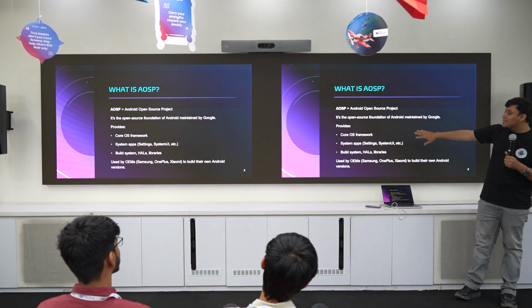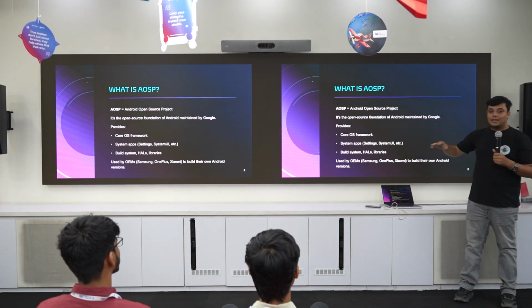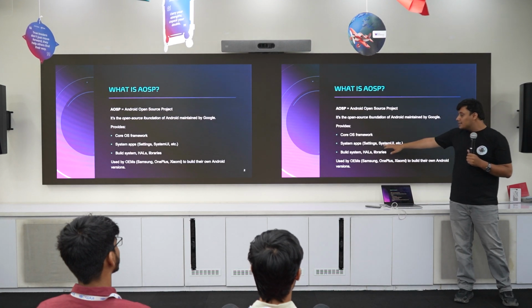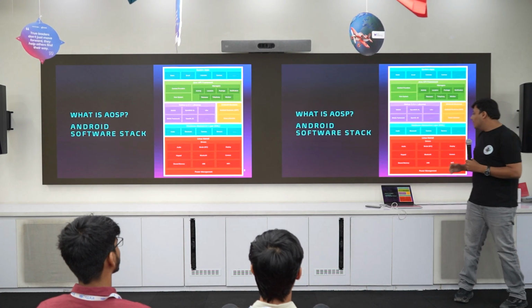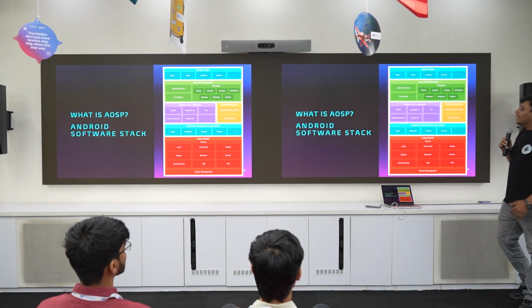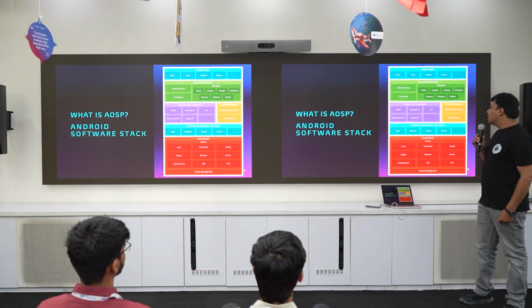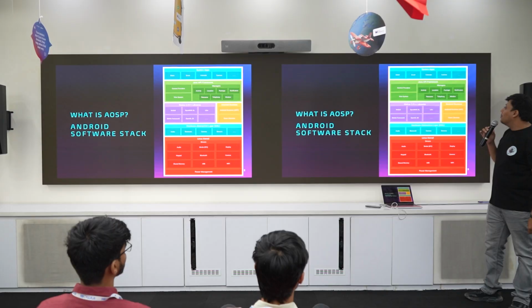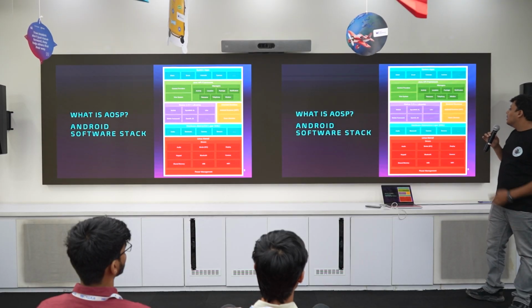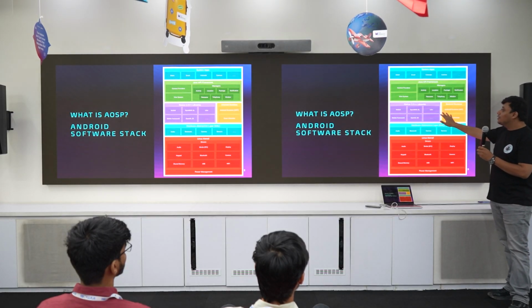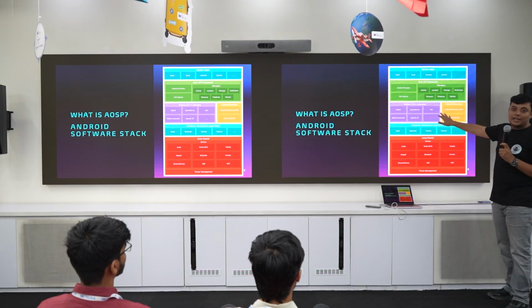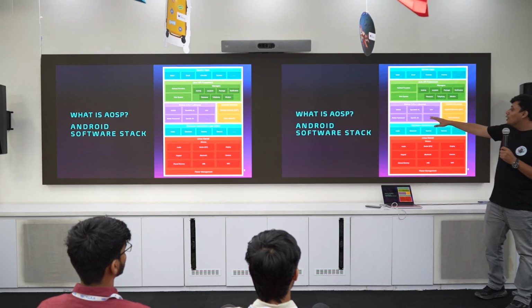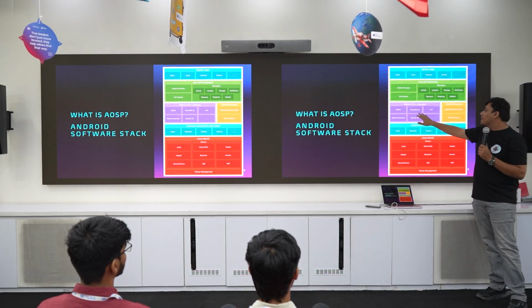Basically, majorly in AOSP we have three layers, but in the whole stack we have six layers. So you can say four major layers, and these two layers, which will be native C++ libraries to support OpenGL, WebKit, and other stuff.